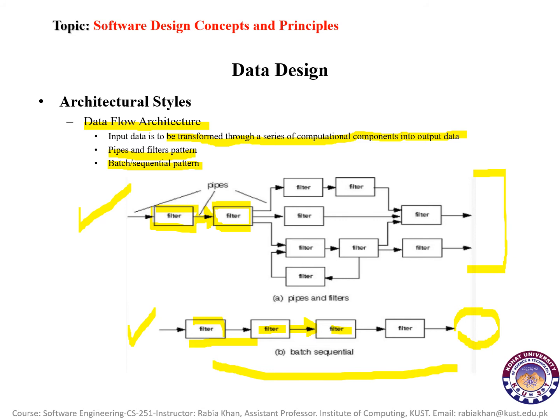Some of the data can move along this path, some along the second middle path, and some along the third part, depending on the condition, and it can then revert again from here. While in sequence, all the filters are responsible for acting on the data passed to them. In pipe and filter, some of the filters may act while others may not, depending on the condition placed on data processing.